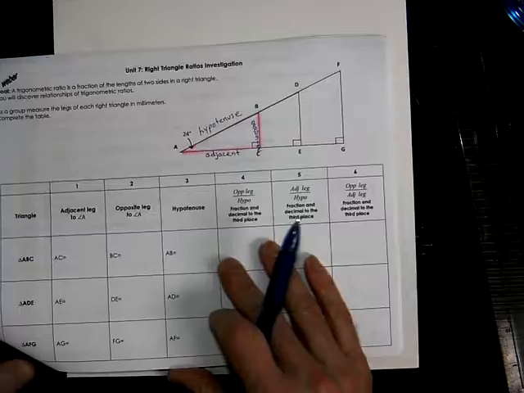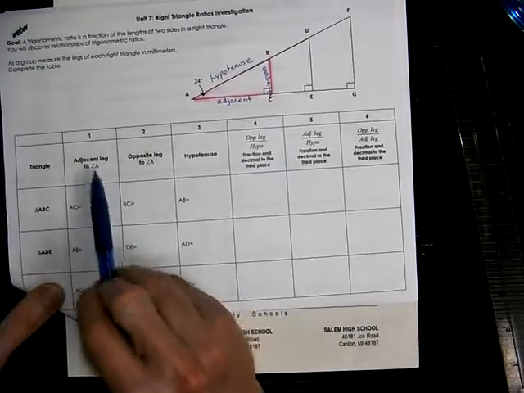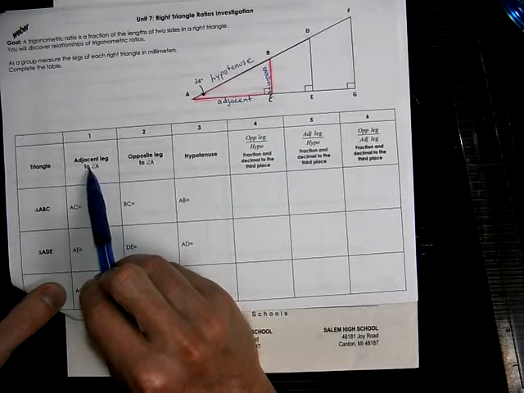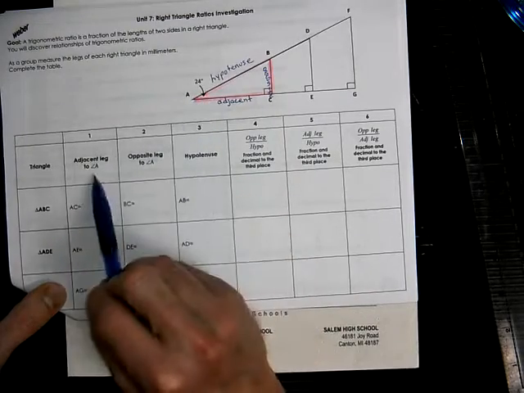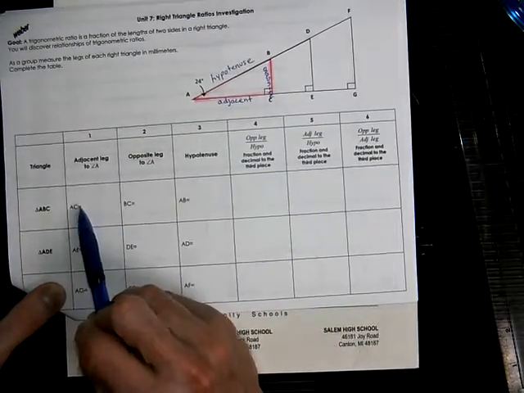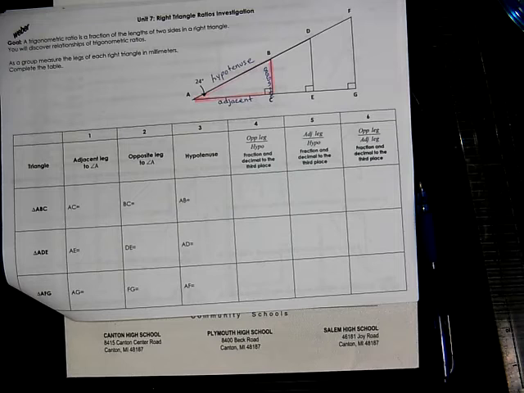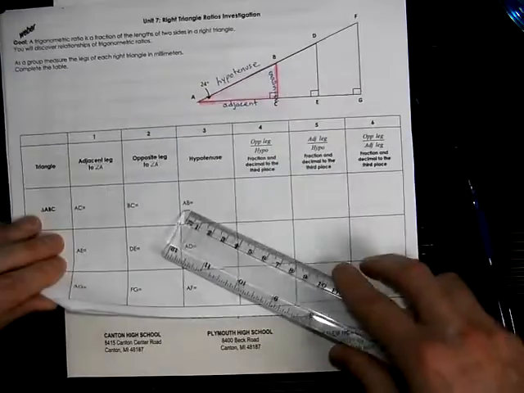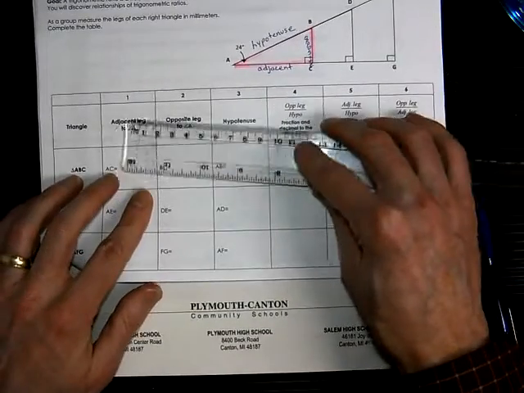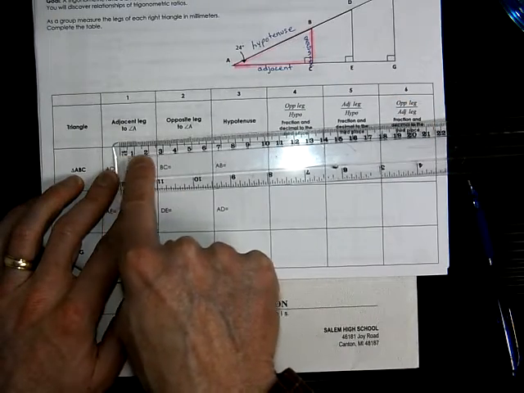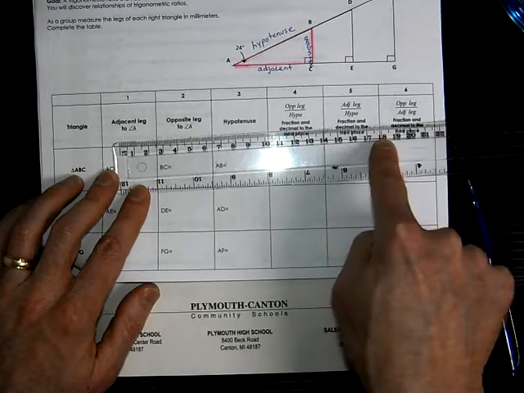We're going to come down to our table. We're using our angle A. We're going to take the side adjacent to the angle A, which is AC, and we're going to look for that measurement. We're going to use millimeters, so looking at your ruler, these are called centimeters.